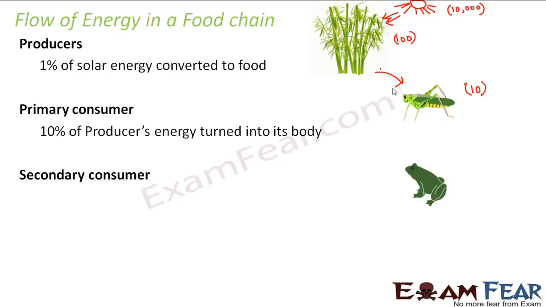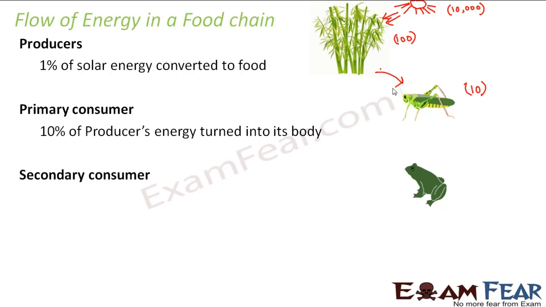Now similarly, when the secondary consumer, that is the frog, consumes the grasshopper, what will happen? The similar thing will happen. When the frog is consuming the grasshopper, so much energy will get spent in the digestion process, as well as so many other metabolic processes which keep happening inside the body of an animal. Some energy will be lost as heat.